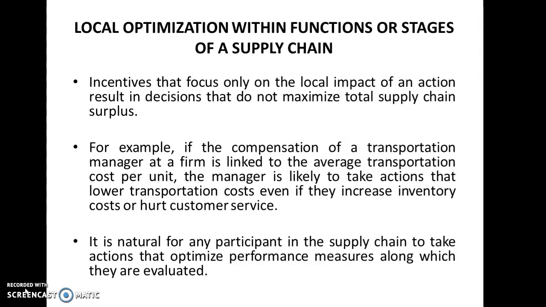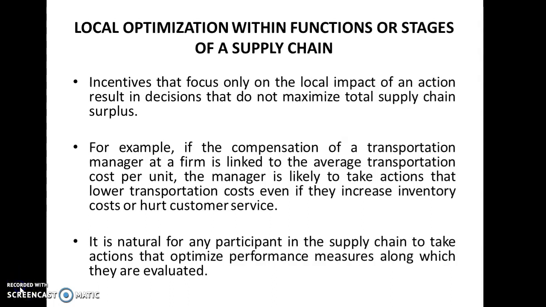Incentives that focus only on the local impact of an action result in decisions that do not maximize total supply chain surplus. That means a firm offers incentives which focus only on the local impact of action, which may result in optimization in that stage, but it won't maximize the total supply chain surplus.